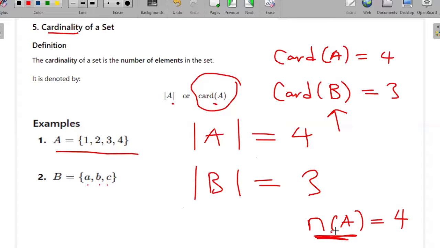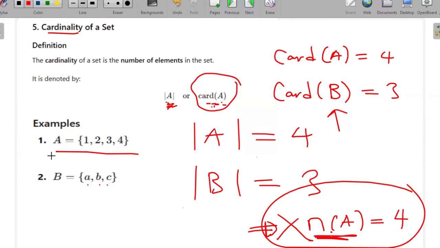But since your lecturer gave you this one and this one, don't use this one. It's going to mark you wrong because it's going to say, who taught you this? And then you say Tutor Paul, then I'll be in trouble. So make sure you use what you are given in the notes, this one or this one. But just know that we can also express it in this way.